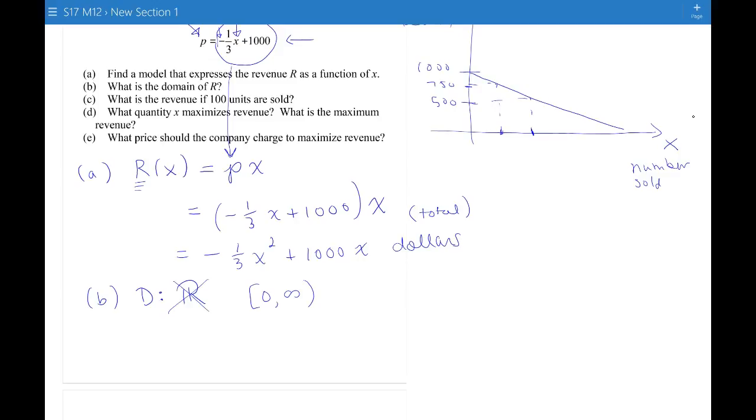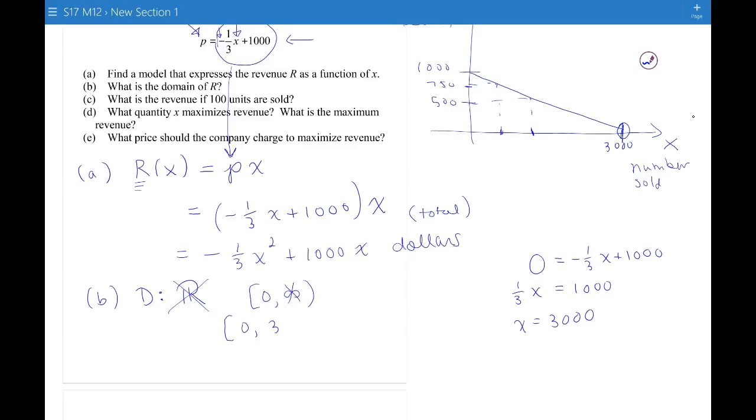And in fact, we can solve for this point here of what happens when the P is 0. What is the X? So I'm going to add 1/3 X to both sides and get that X equals 3,000. So really this number of 3,000 is the end of where the graph makes sense.